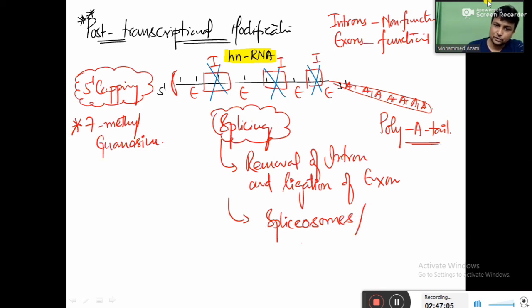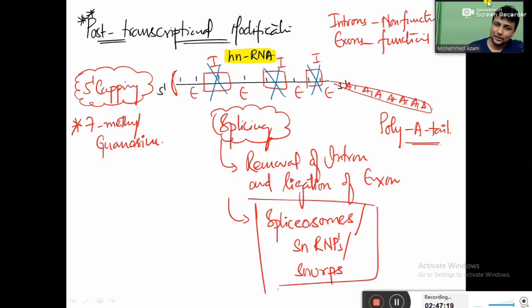Spliceosomes are also known as snRNPs, and if you read it multiple times, it becomes snRPs. So spliceosome or snRNP or snRPs, these are the enzymes which do splicing.